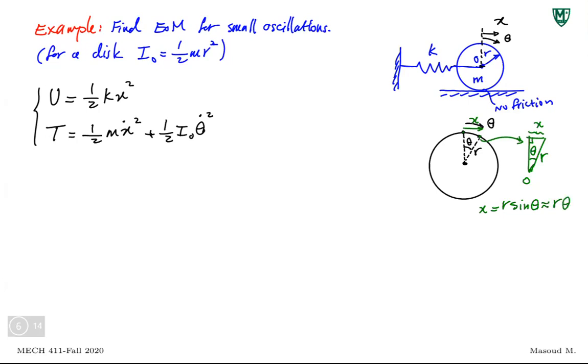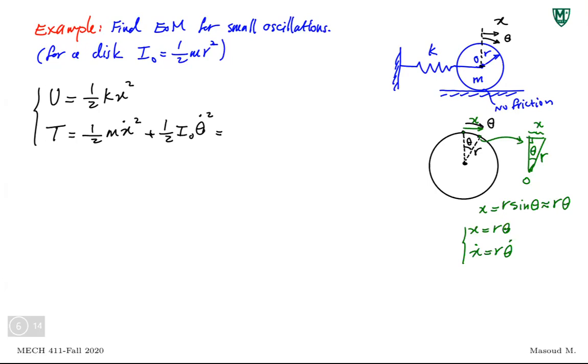So now we have x and theta written one in terms of the other. If x is equal to r theta, then x dot is r theta dot. r is fixed, just take the derivative with respect to time from both sides. Now I can write everything as a function of either theta or x.